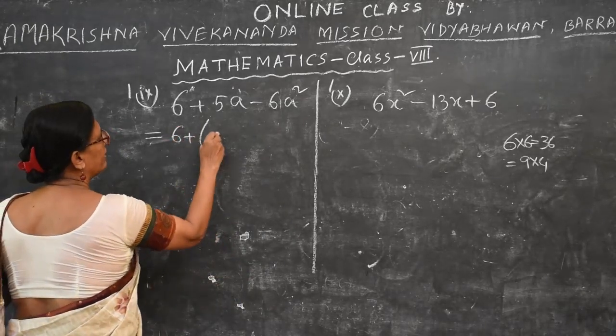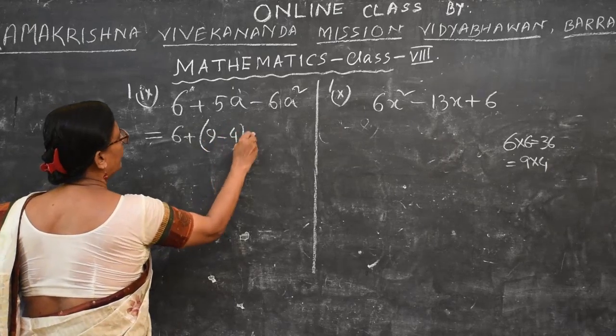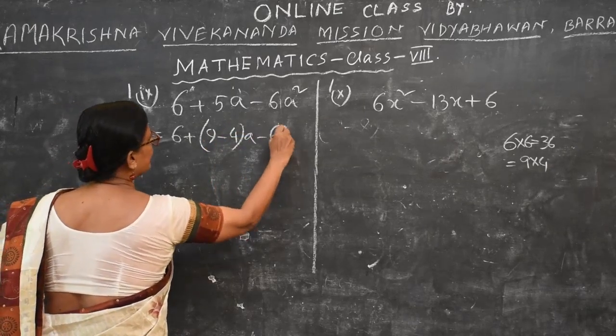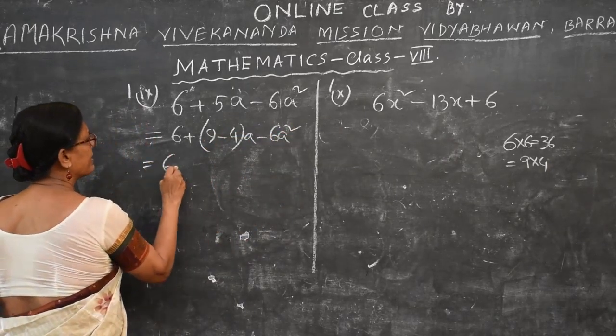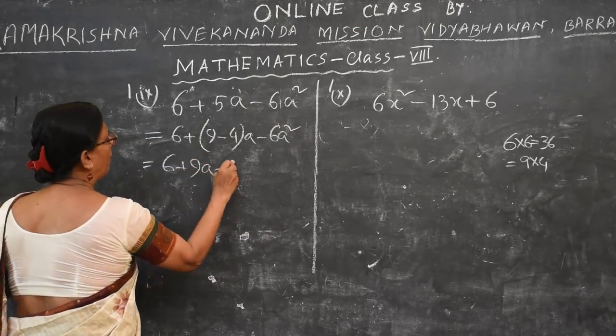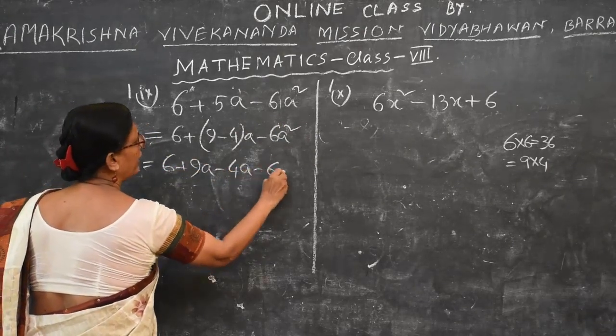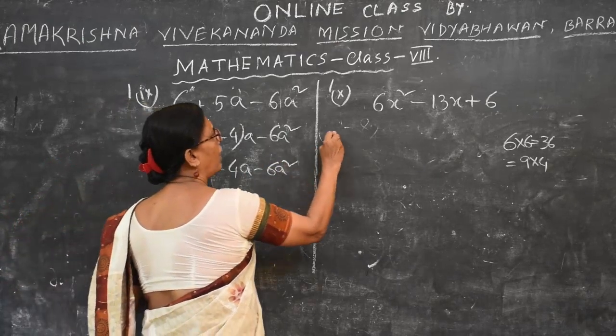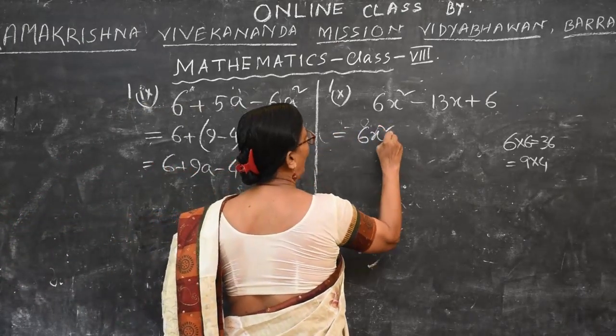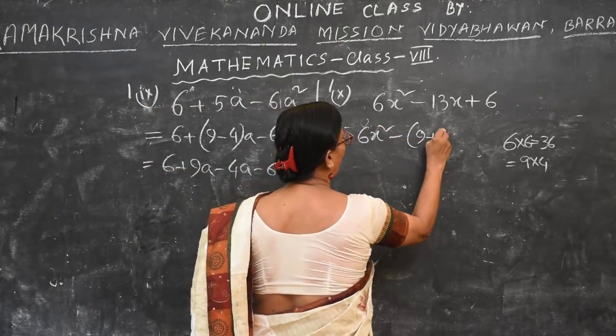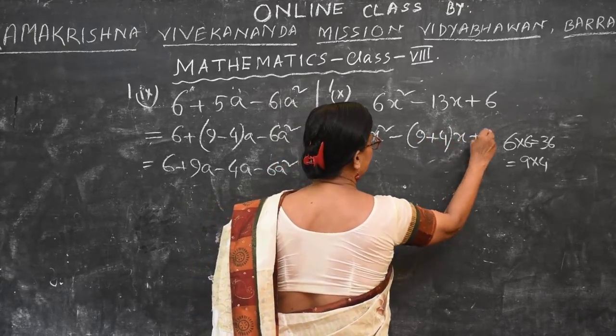6 plus 9a minus 4a minus 6a square. Here also 6x square minus 9x minus 4x plus 6.